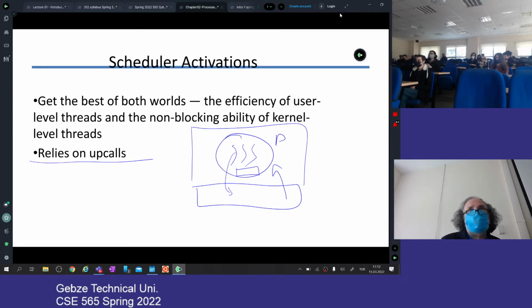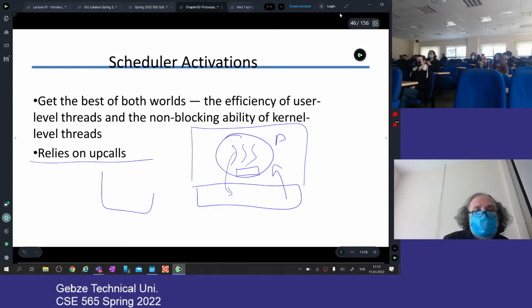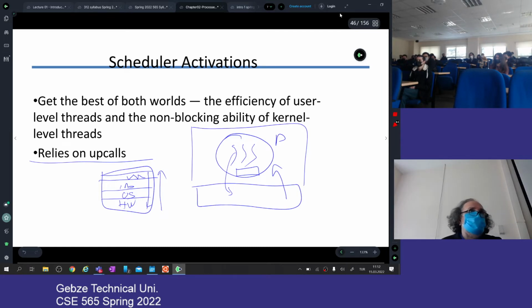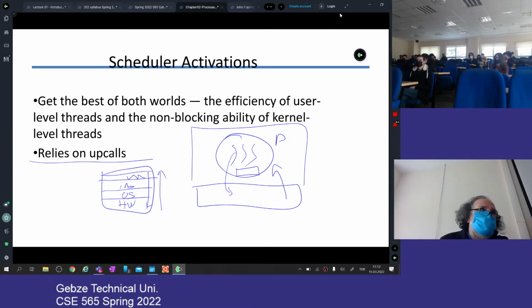And writing such code is not that easy, of course, and some people don't like this at all. They say, okay, I have hardware at the bottom, then the operating system, then the libraries, then the user programs, and the communication is always like this, okay? I ask something, and I wait until it is ready, etc. This is not happening anymore.